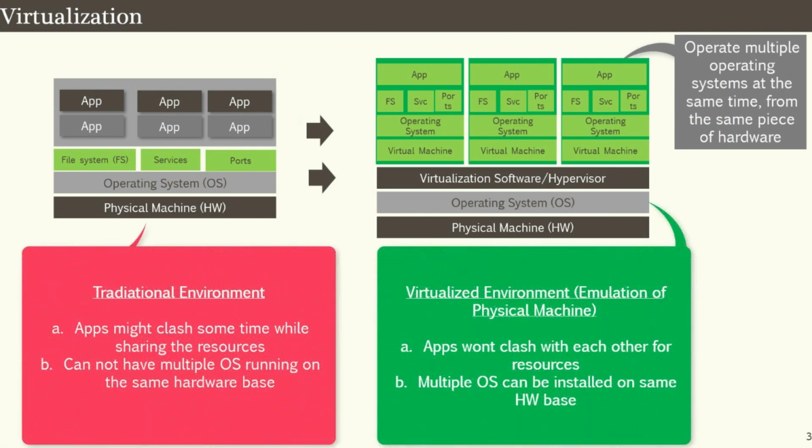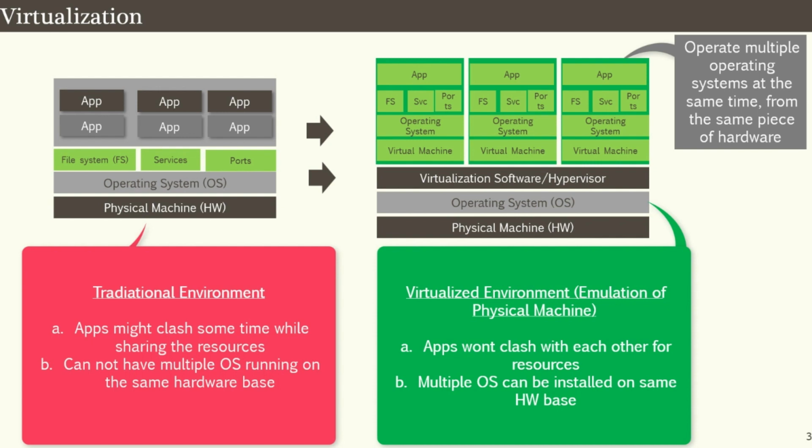Now, let's see more on virtualization. If you see on the left hand side, we have one large server hardware environment where we have an OS and the underlying software. Over and above, we have applications all installed. A couple of things you need to note here. Apps might clash sometimes while sharing resources like the operating system, RAM, or physical memory.